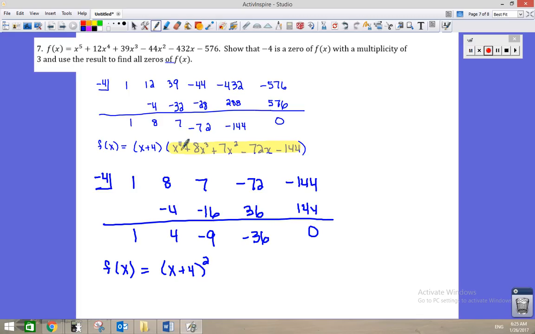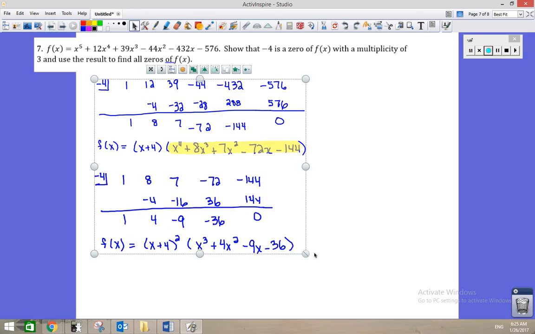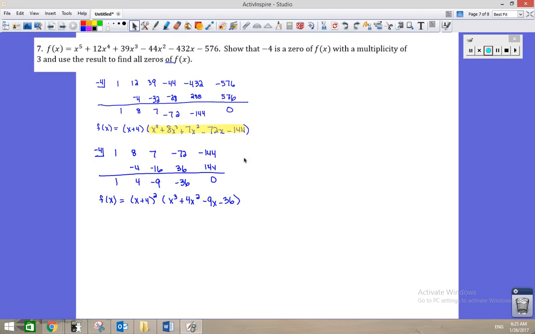This was 5, now it's 4, this one's 3. I'm referring to the degrees. So it says of multiplicity 3, so I can do this one more time, only on this x to the third.